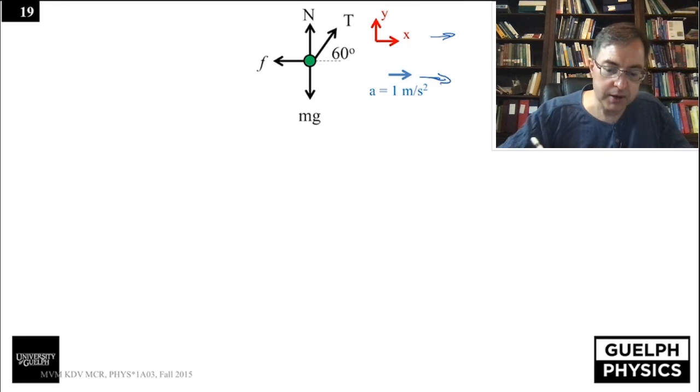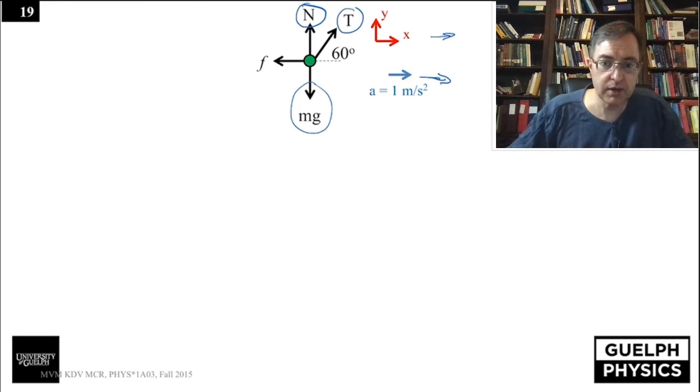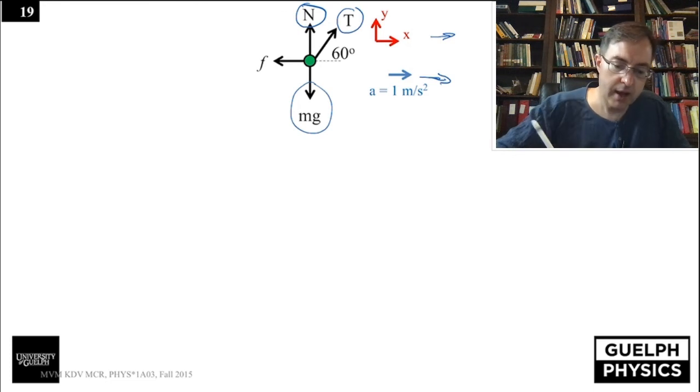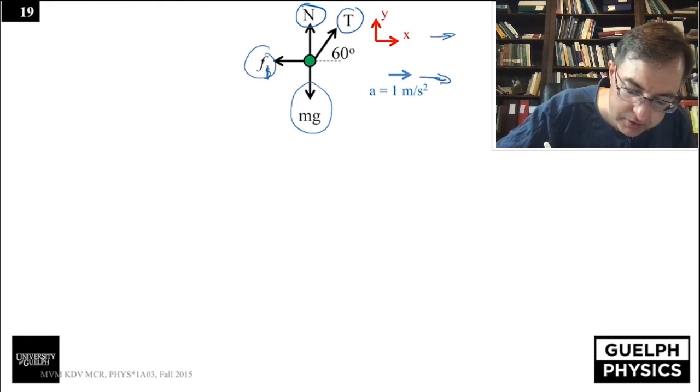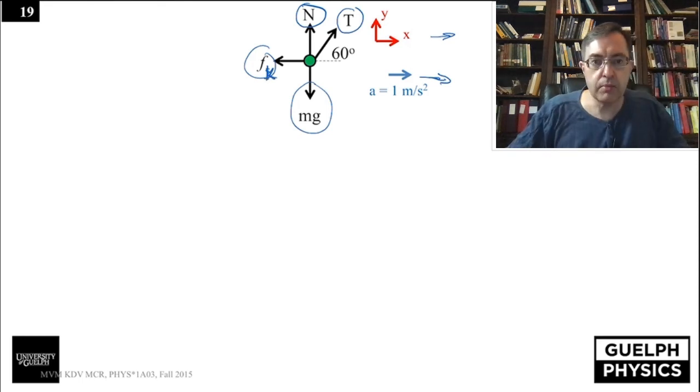And then for the box, gravity acts on the box, the normal force from the floor acts in the opposite direction on the box. The rope provides a tension force acting on the box at 60 degrees to the horizontal. And there is a kinetic friction force acting to oppose the motion of the box. Okay?